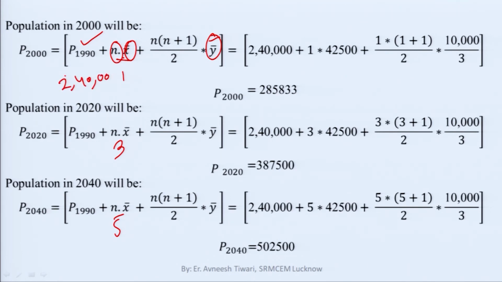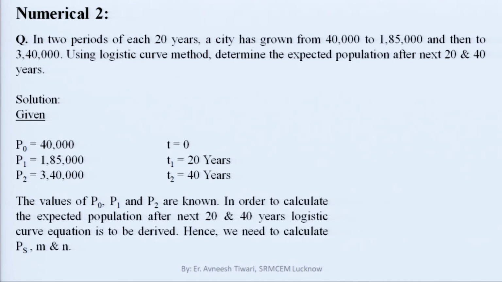So simply we have to put all the values and we can calculate the population by the incremental increase method. Here the value of y is 10,000 divided by 3, the value of x is 42,500. Putting all the values we can easily calculate the population corresponding to year 2000, year 2020 and year 2040.